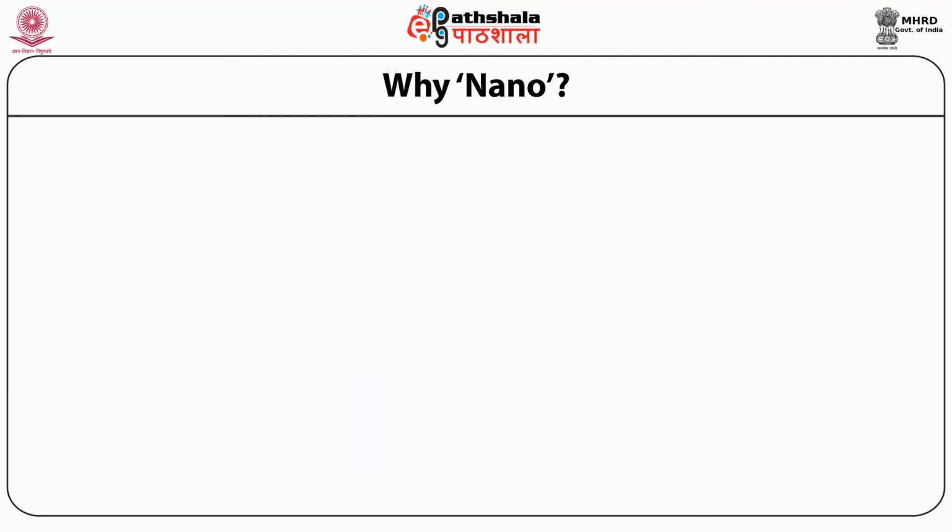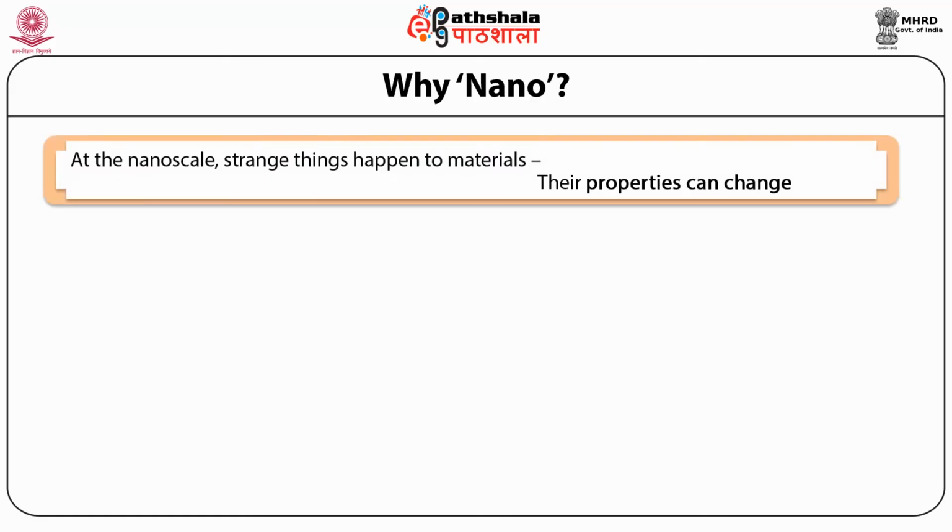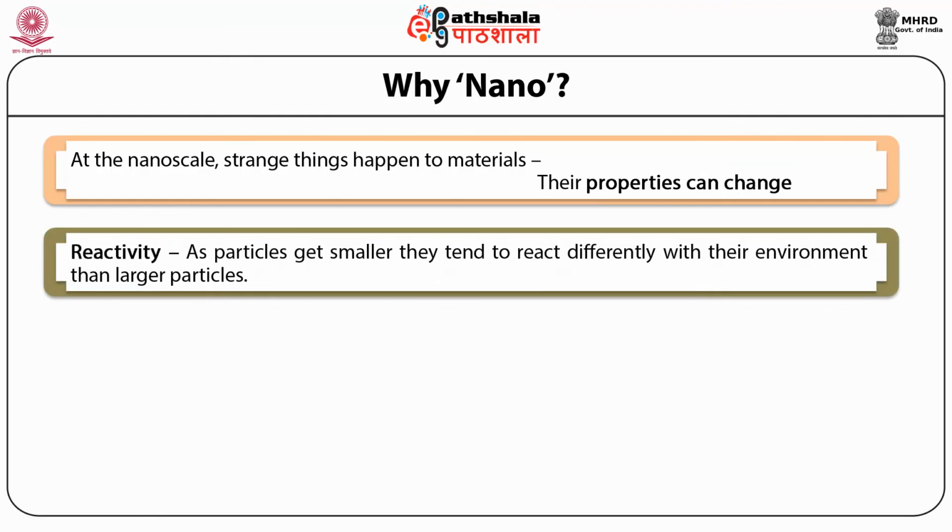Now, students, the question arises, why nano? At the nano scale, strange things happen to the materials. That is, their properties change. So, what types of properties change? Reactivity.